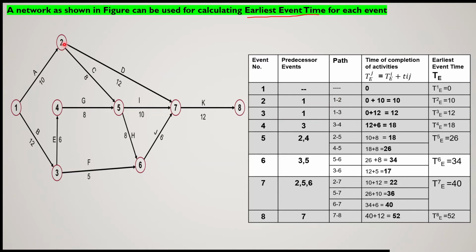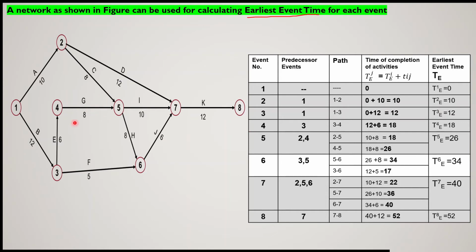So here J will be event number 2 and I will be event number 1. When we calculate TEJ, we add TEI, which is 0, the earliest event time of event number 1, plus the duration of activity 1, 2, that is 10. So the total will be 10. So we can say T2E, the earliest event time of event number 2, is 10.